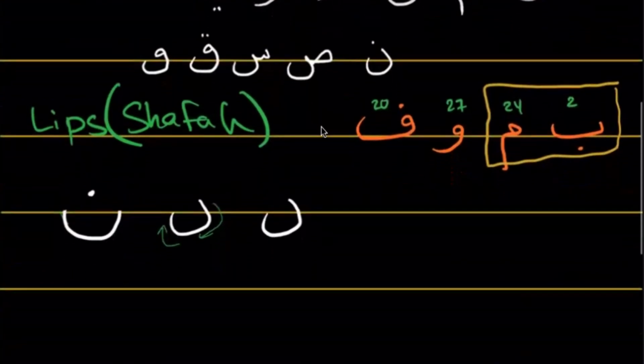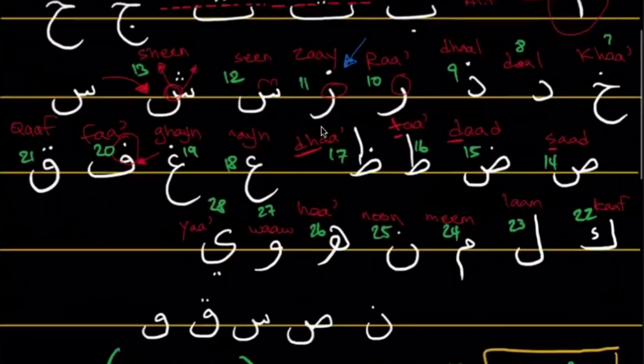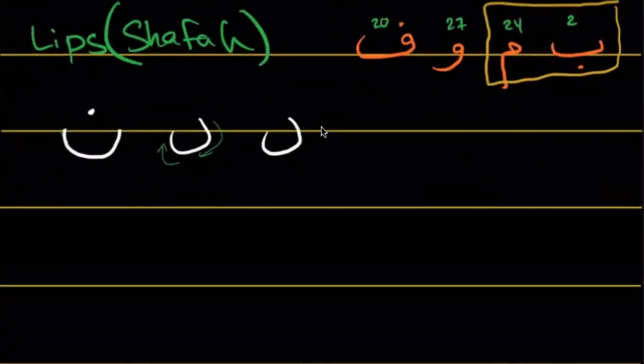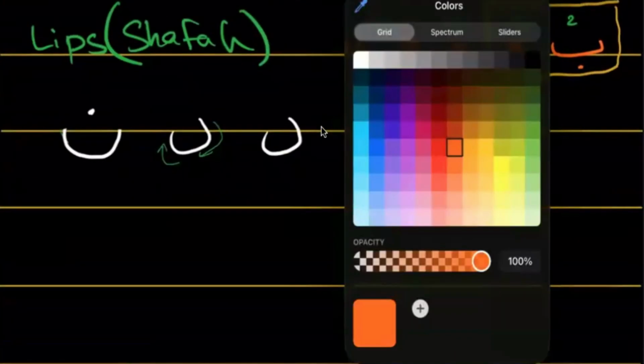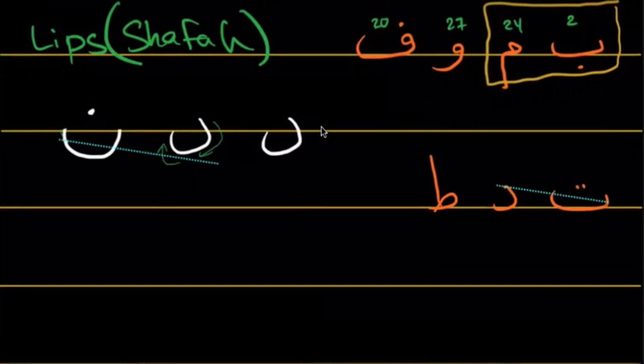Okay, so what about number three? Ta. Here's letter ta. Her sisters are Dal and Taa. Ta, Dal, and Taa. Ta is number three.